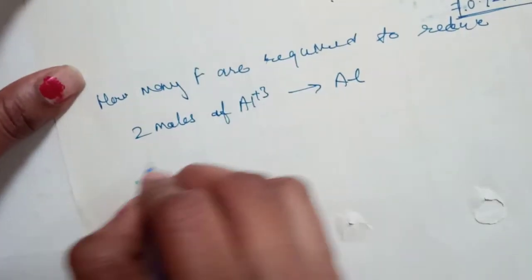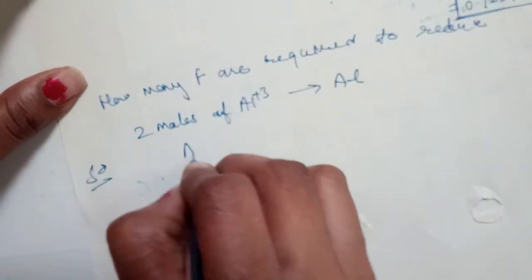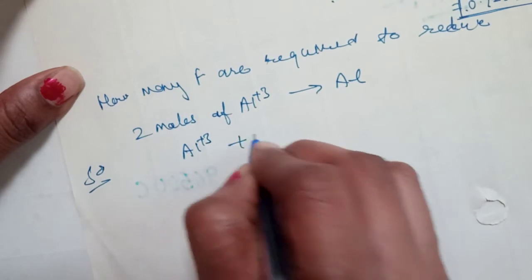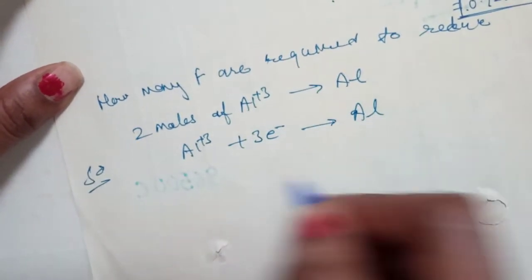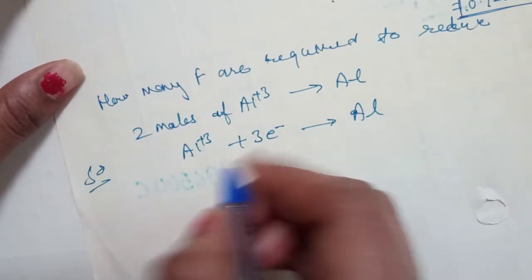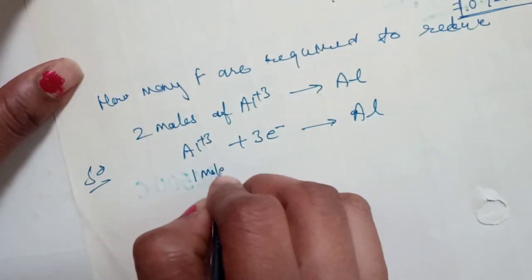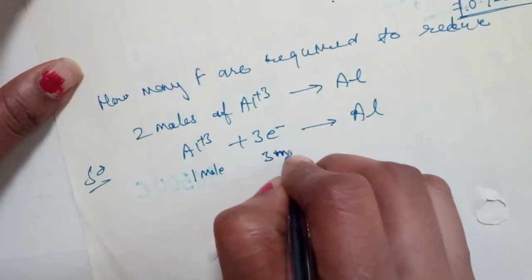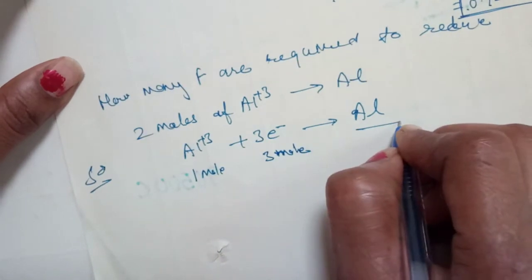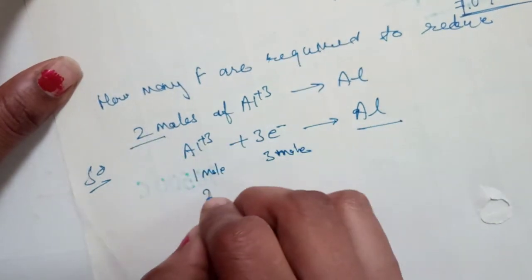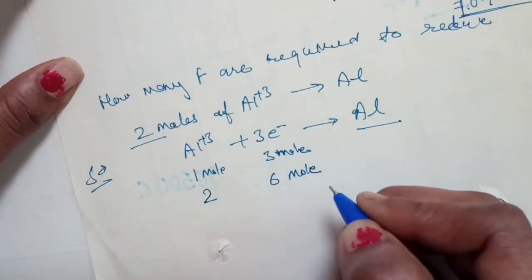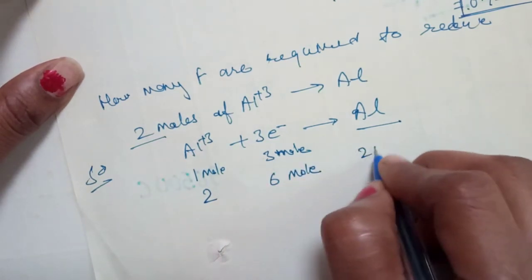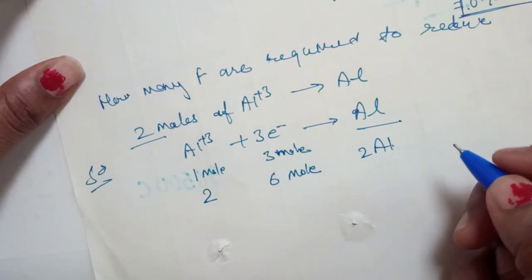For the equation Al3+ + 3e- = Al, according to the stoichiometry, 1 mole requires 3 moles of electrons to reduce it. The question is 2 moles, so 6 moles of electrons are required to deposit 2 moles of aluminium.